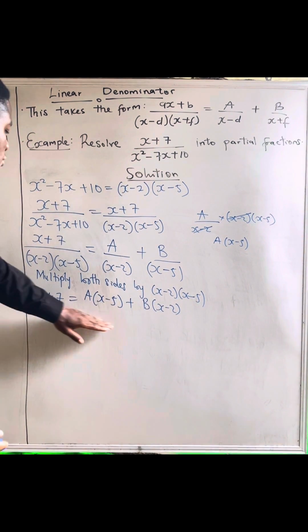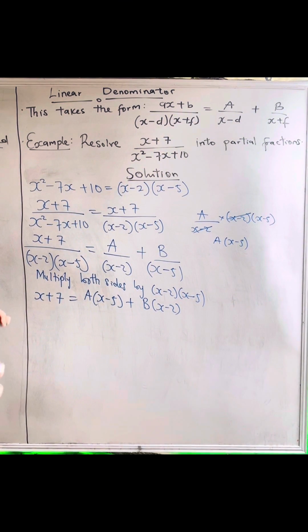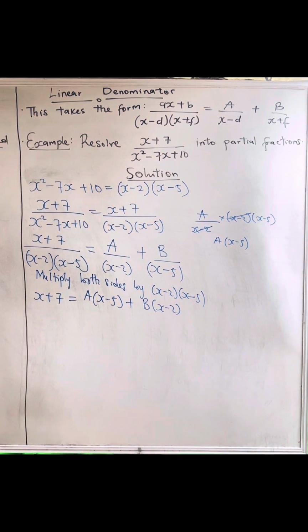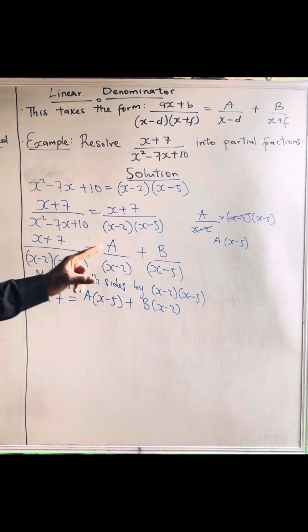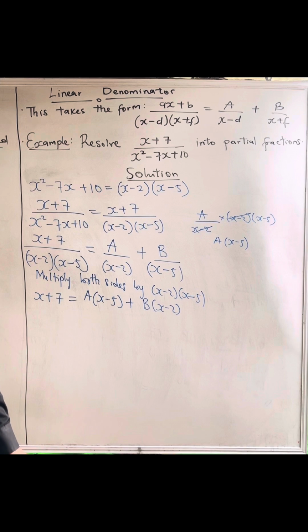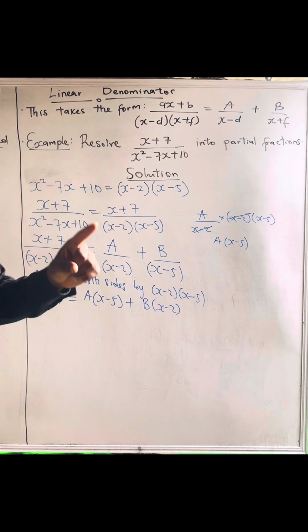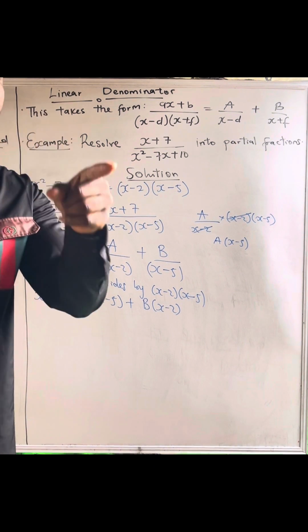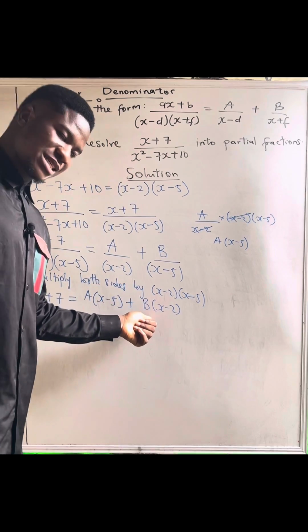So once I've gotten this, guys, I will now get the value of a and the value of b. Now, how am I going to get the value of a? How am I going to get the value of b? If I want to get the value of a, I am going to eliminate b.